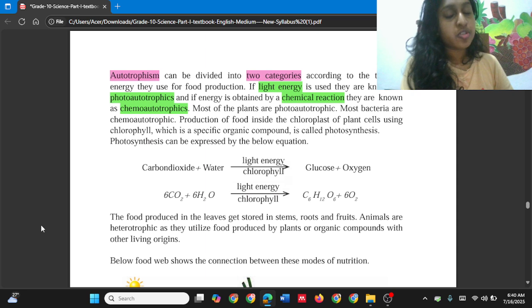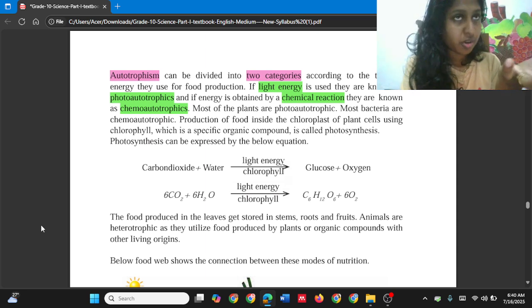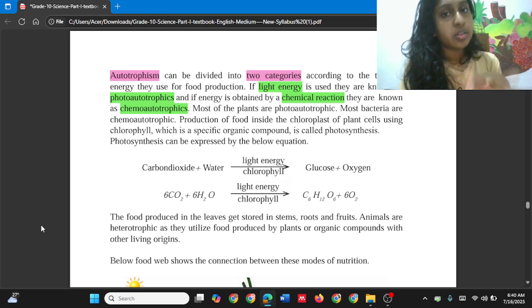Chemoautotrophic and photoautotrophic. Anyway, they are autotrophic. That means they do not need to obtain food or energy from any other organism.